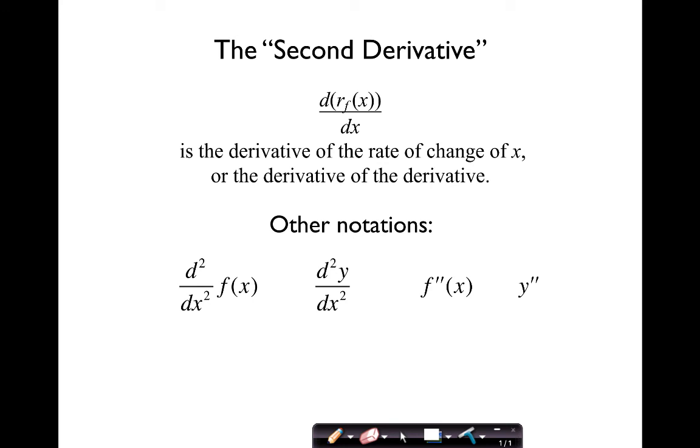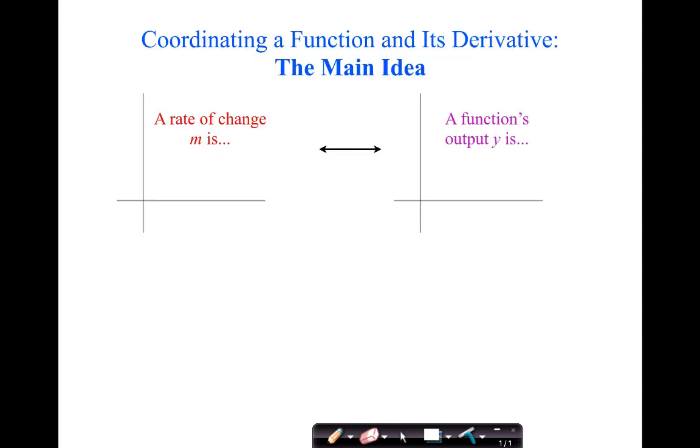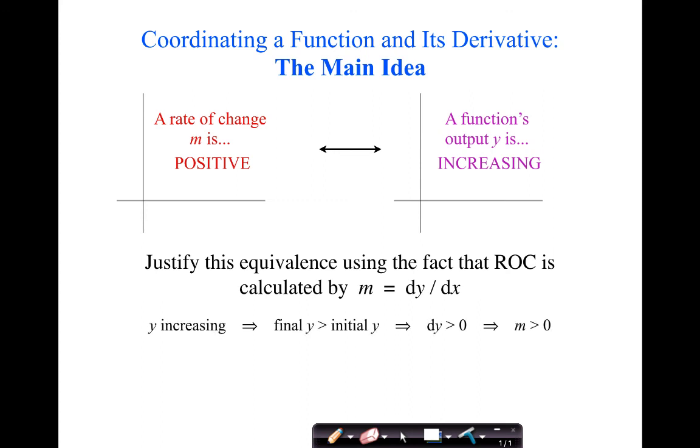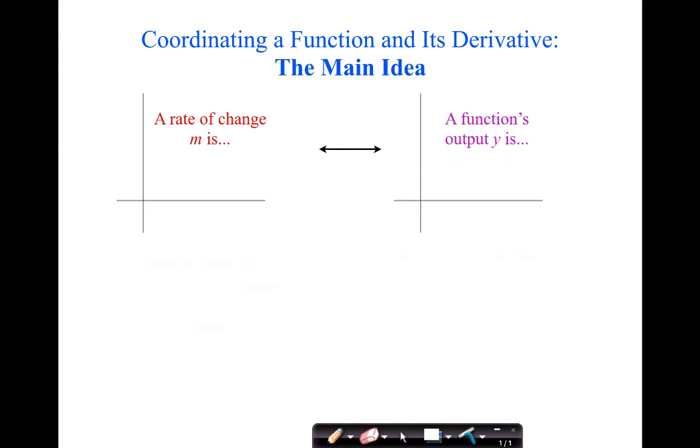Now, meaning of second derivative, again, if I have a function's output, an accumulation function that was increasing, we'd say its rate of change is positive. But any function that's increasing, its rate of change would then be called positive, whether it's a regular accumulation function or even a derivative.